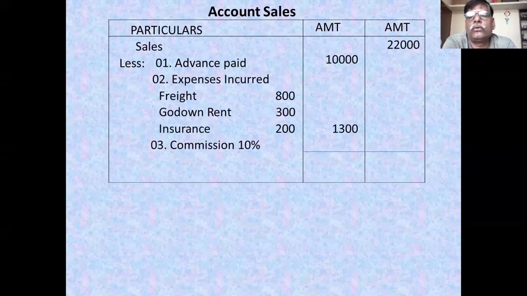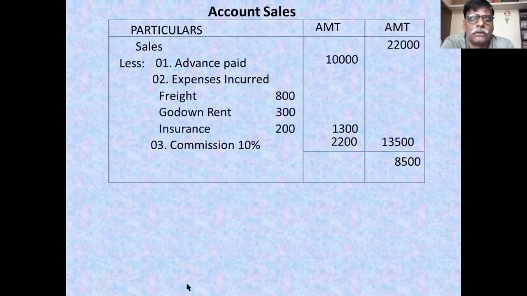On this 22,000, you calculate 10%, which is 2,200. Then you take the inner column total to the outer column. Total is 13,500. You deduct this in the outer column from 22,000, and get 8,500. 8,500 is called account settled.